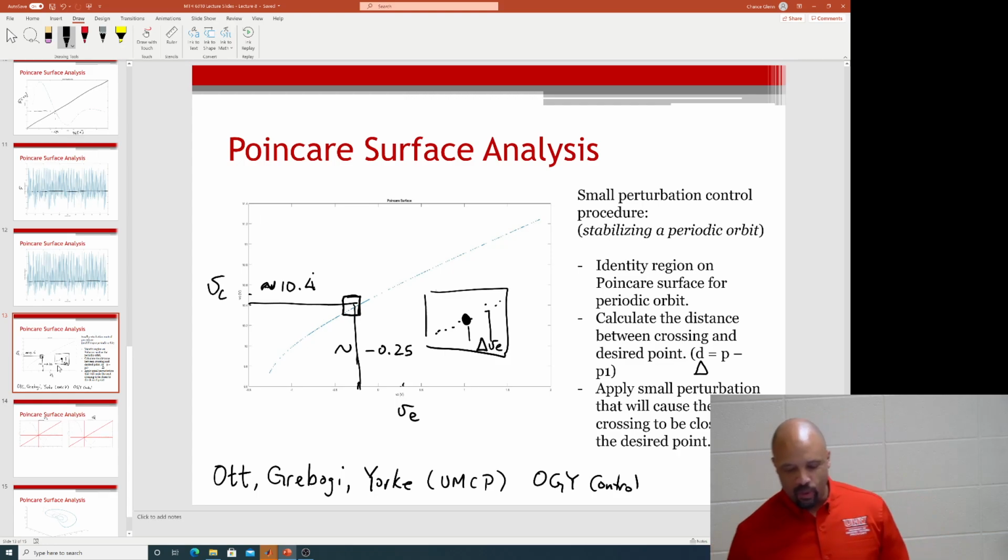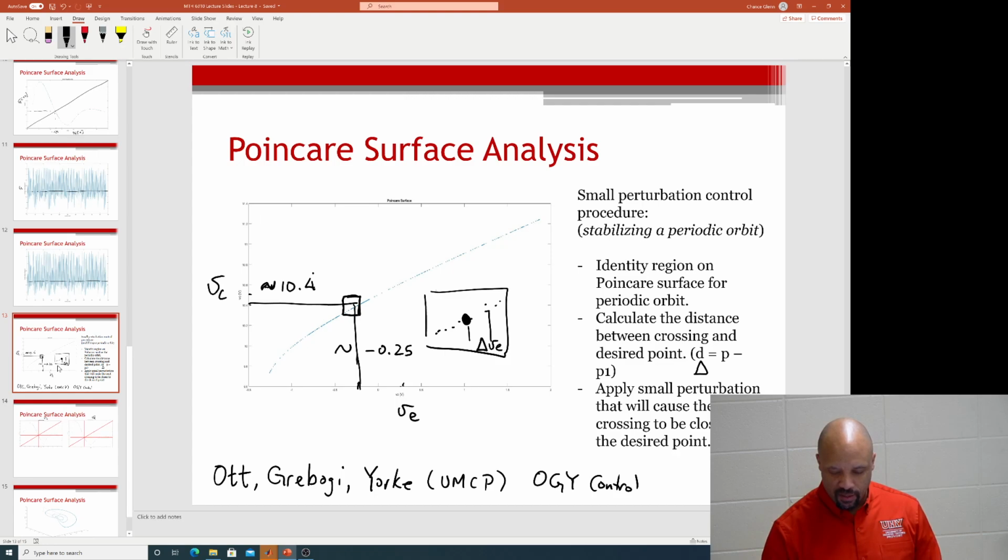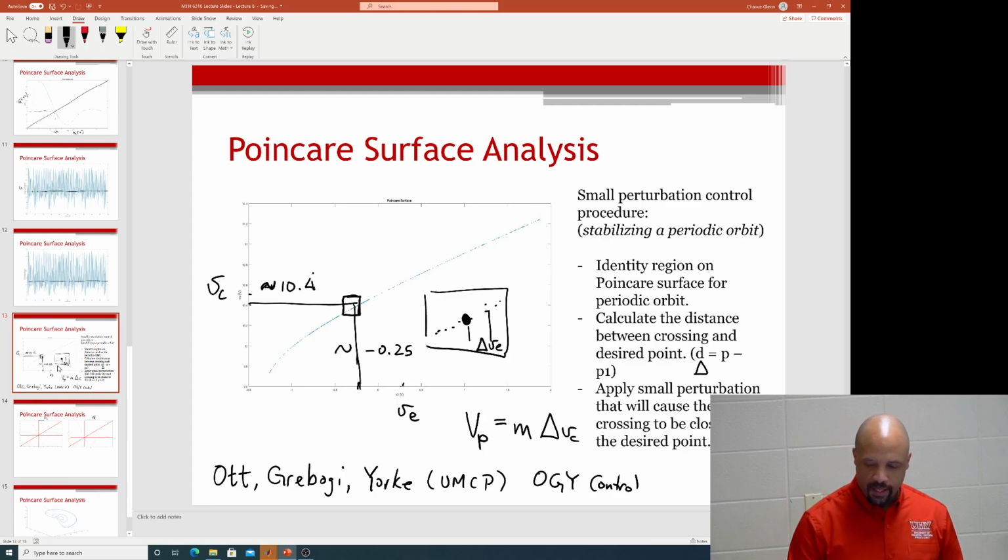And then we're going to apply a perturbation that is some multiple of that distance. And we're going to use VC because that's a little wider. Same idea, the difference will be delta VC.